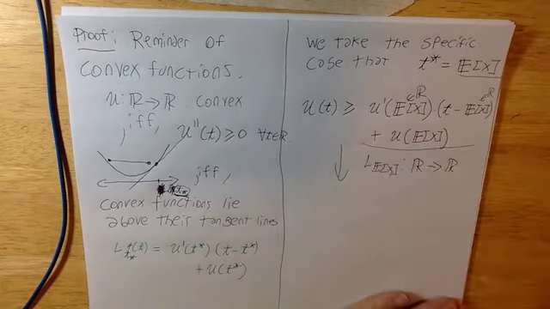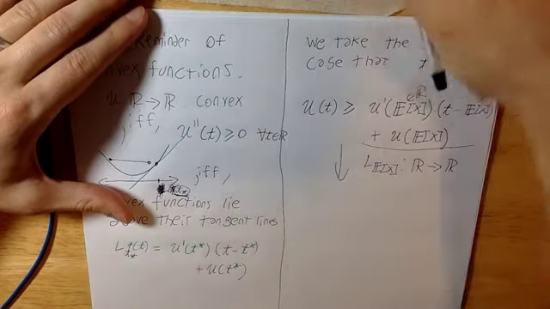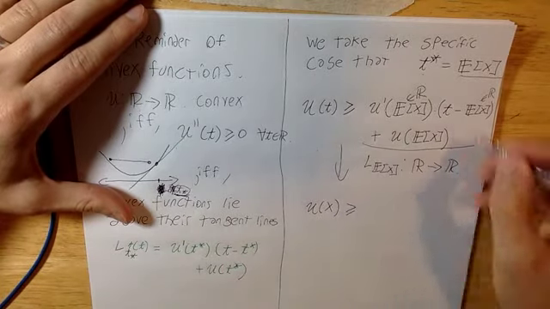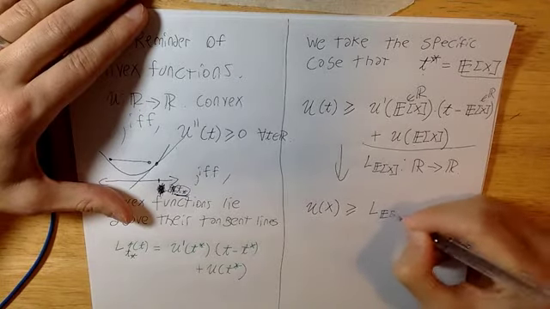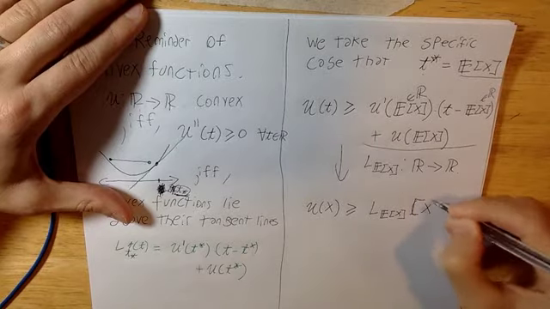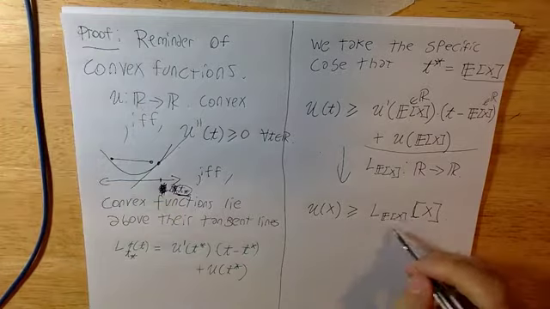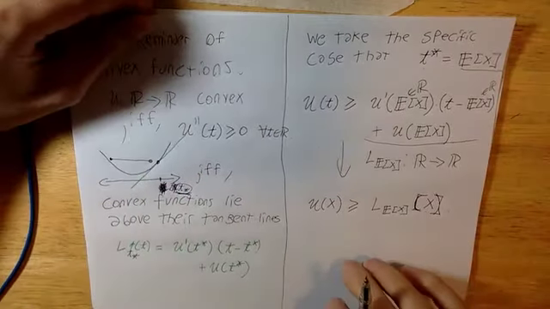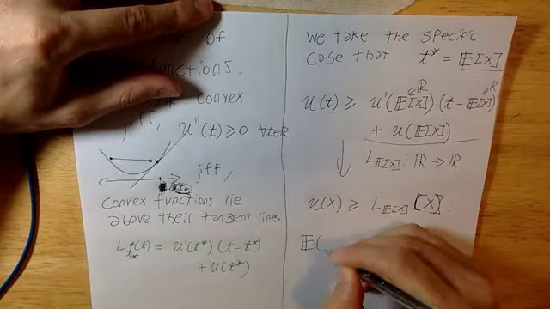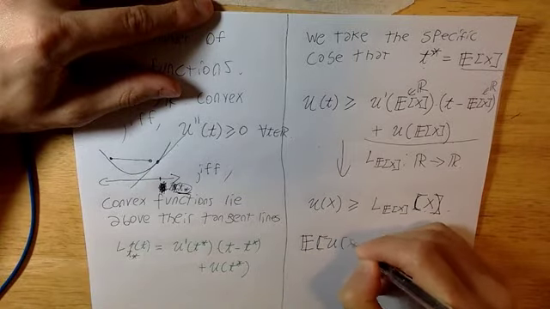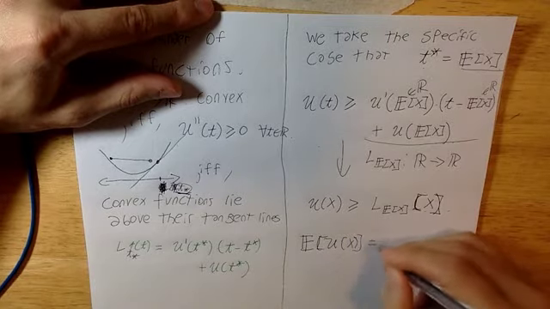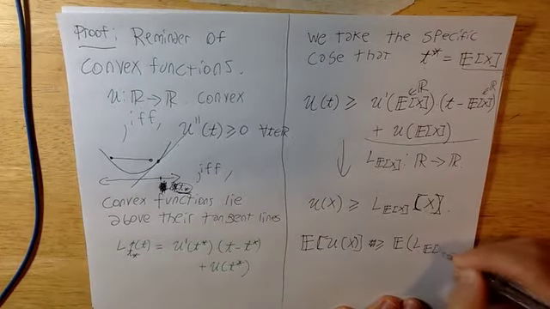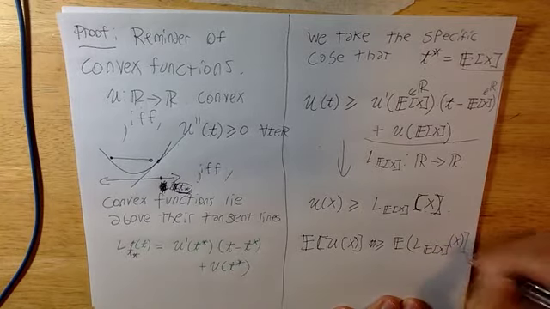Okay, so by this inequality, we can compose these two functions with the random variables, and we get that U of X, which is a new random variable, is bigger or equal than L of E of X evaluated at X. So these are two different random variables now, and what we can use is the properties of the expectation to say that the expectation of U of X is bigger or equal than the expectation of L of E of X evaluated at X, like this.